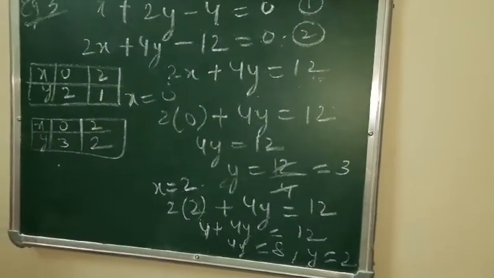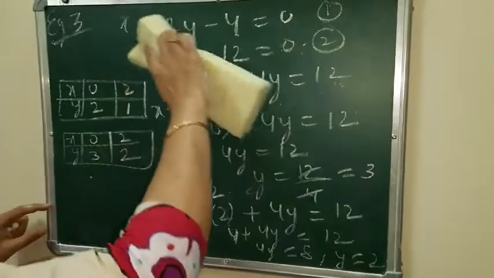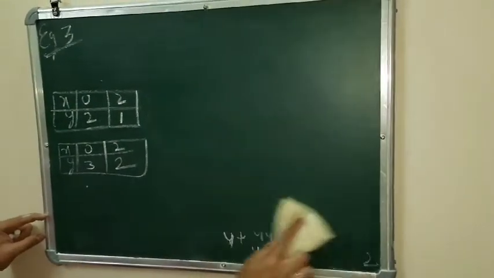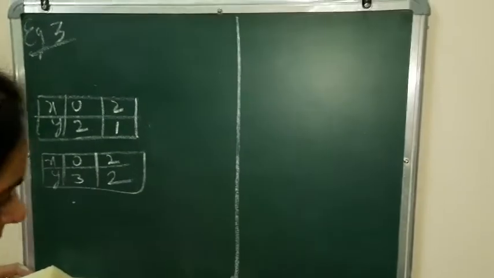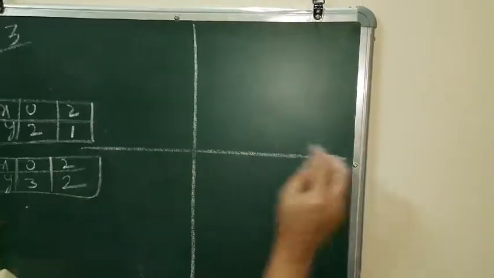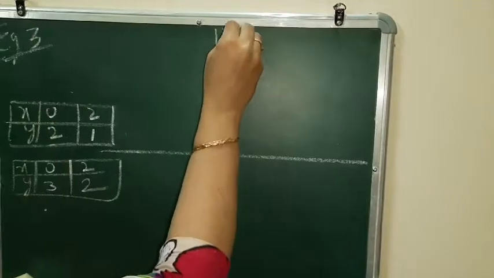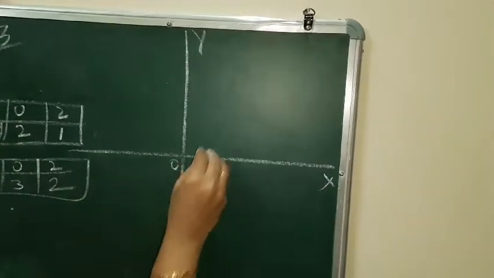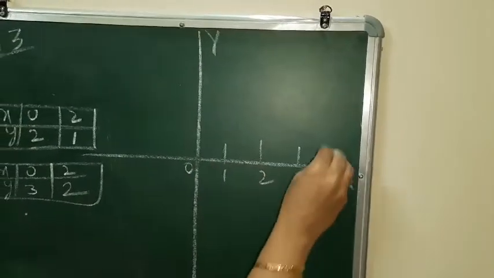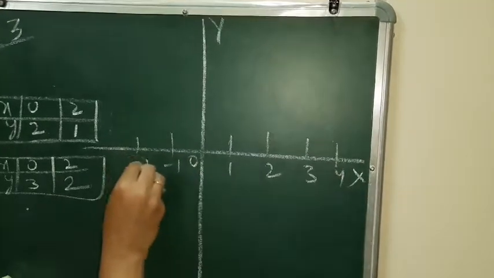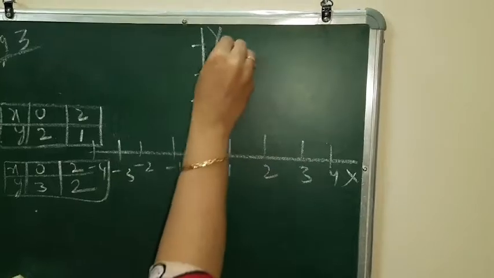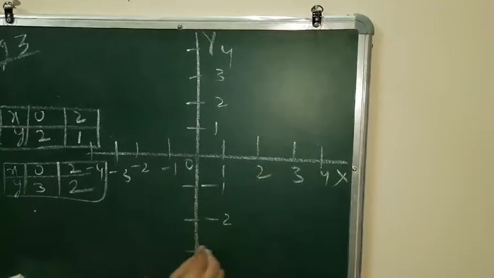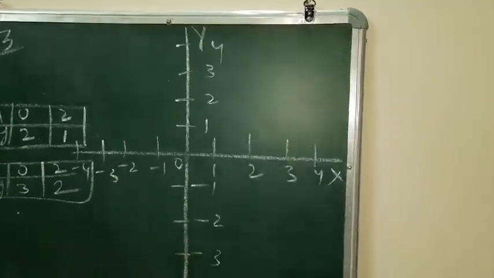So I have got both the solutions for both the equations, and now we have to draw a graph. For drawing a graph, again straight line, intersecting line, y, x, 0, all positives on right, all negatives on left, all positives on top, all negatives on bottom, and then plotting.